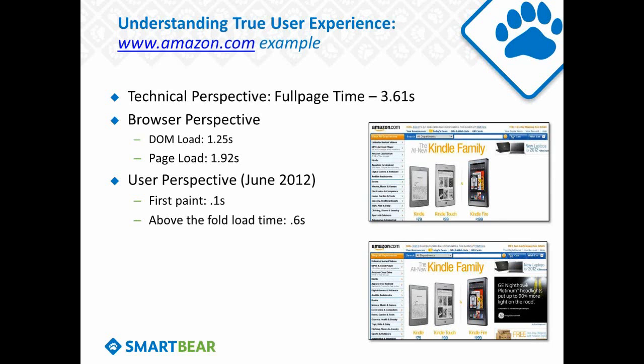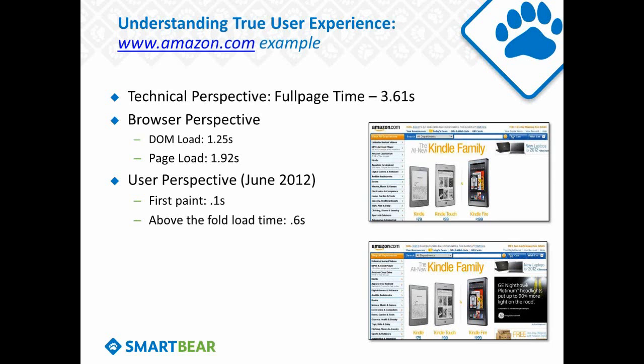The browser perspective of the timings is that the web browser had completed loading the HTML in about 1.25 seconds, and that the page load event happened in under 2 seconds.